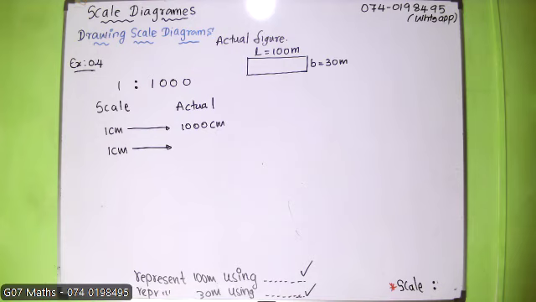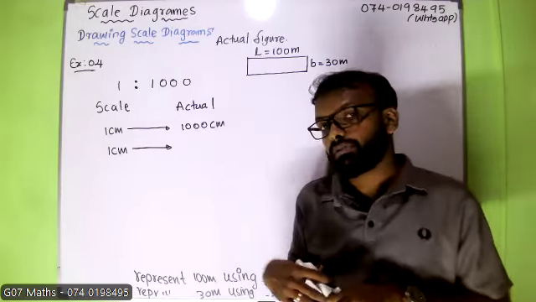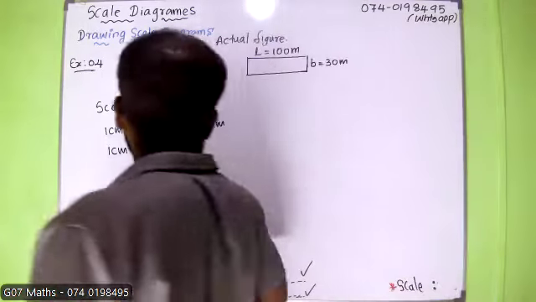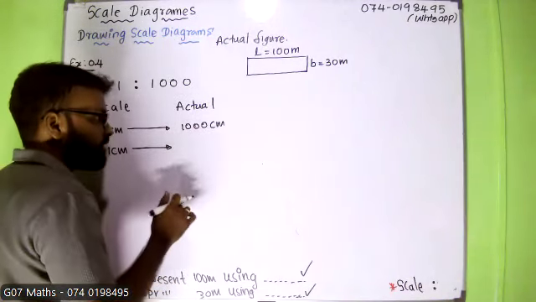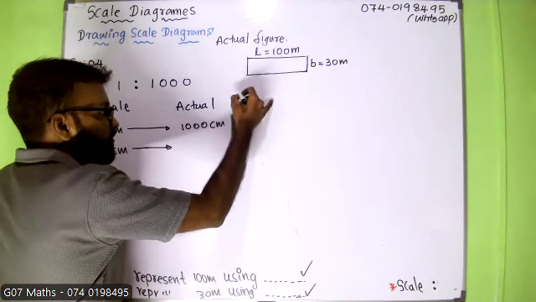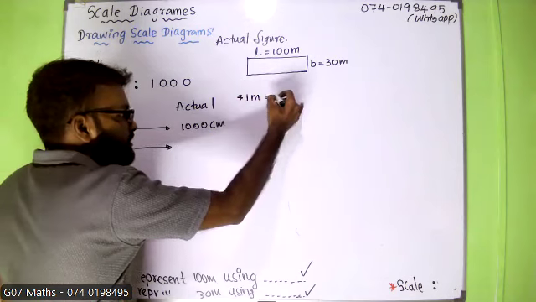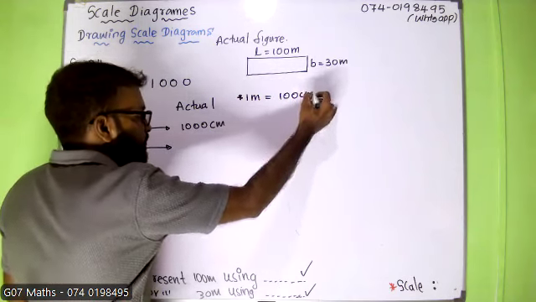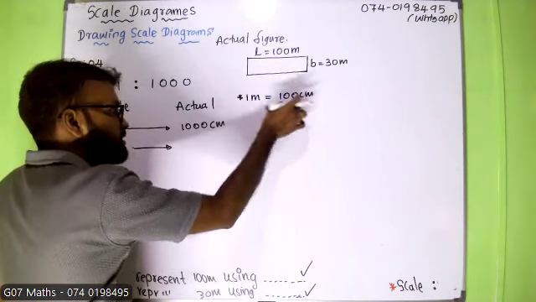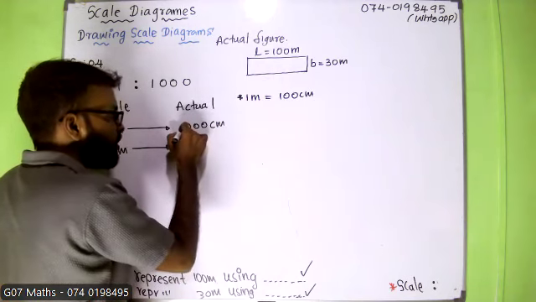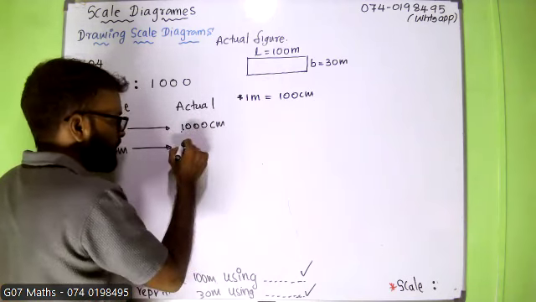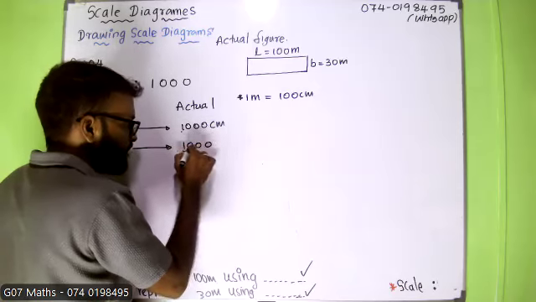How do we convert 1000 centimeters into meters? By dividing by 100. Because 1 meter represents 100 centimeters, you are going to convert centimeters into meters by dividing 1000 by 100. Okay, I will write it: 1000 divided by 100.